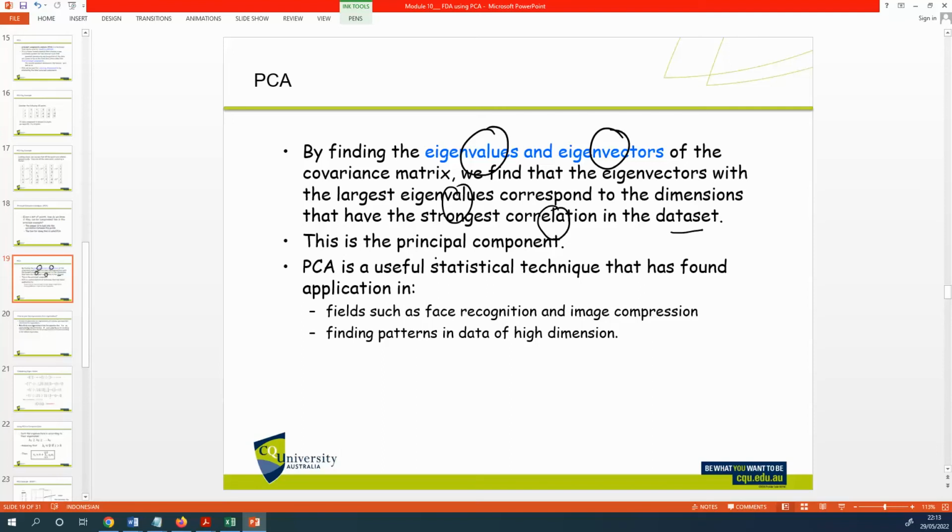This is what principal component analysis is. PCA is a useful statistical technique that has found application in fields such as face recognition, image compression, pattern recognition, or in data of high dimension.